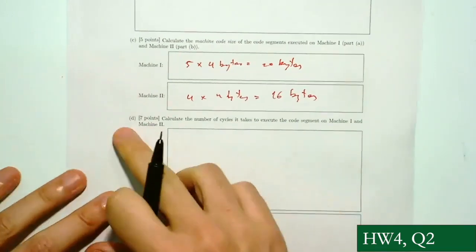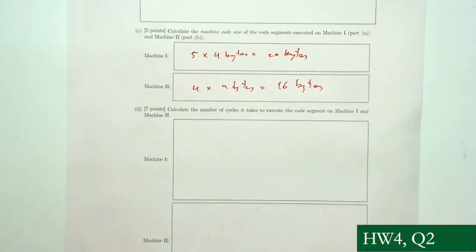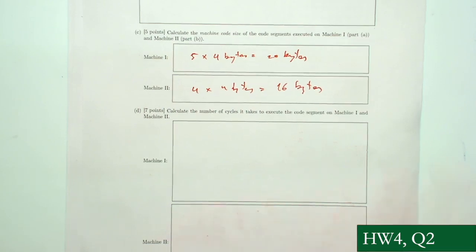So point D. So question? Isn't that a loop? Don't we have to multiply? This loop is executed dynamically, right?